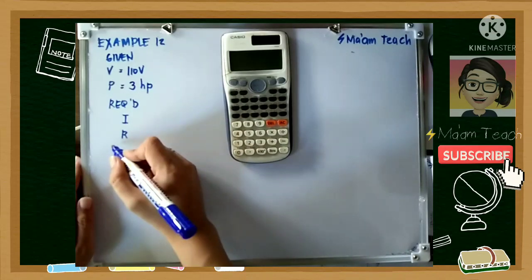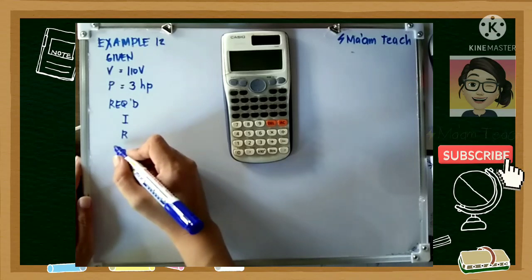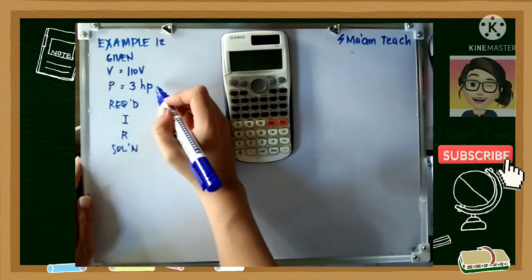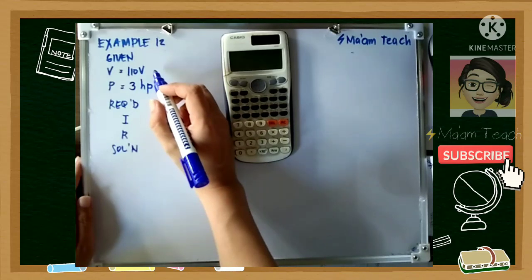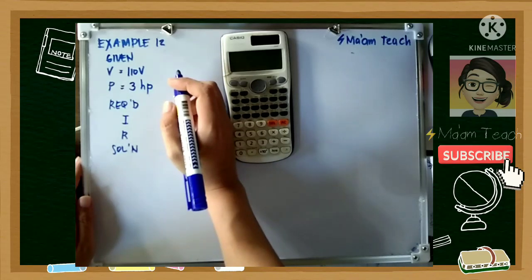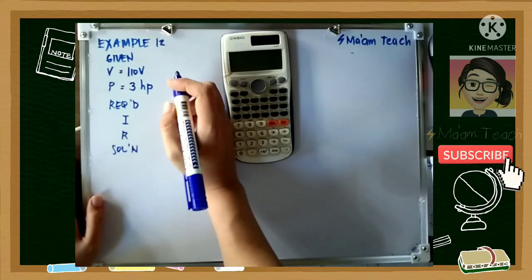Okay, so let us first solve for the current. So take note, we are given power and voltage, but this power, class, which is in HP, should be converted first to watts, because HP is used for mechanical power or in motors.